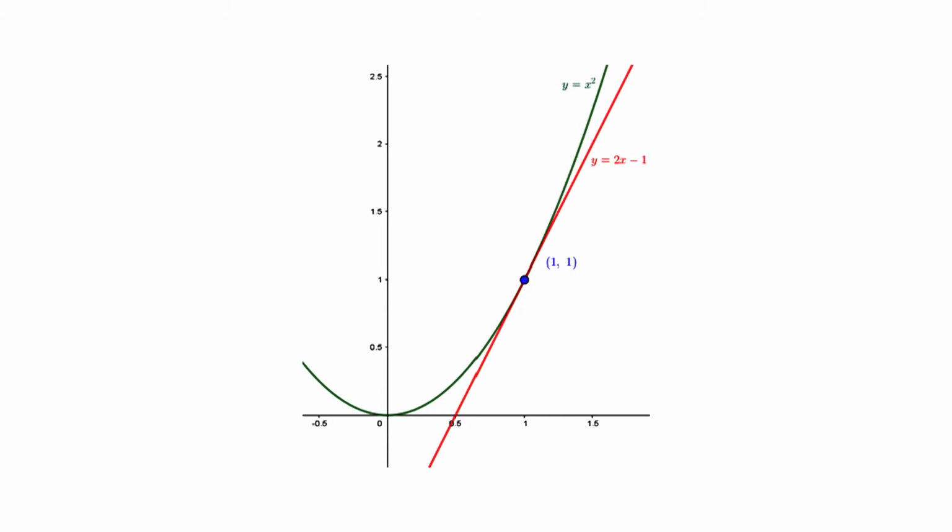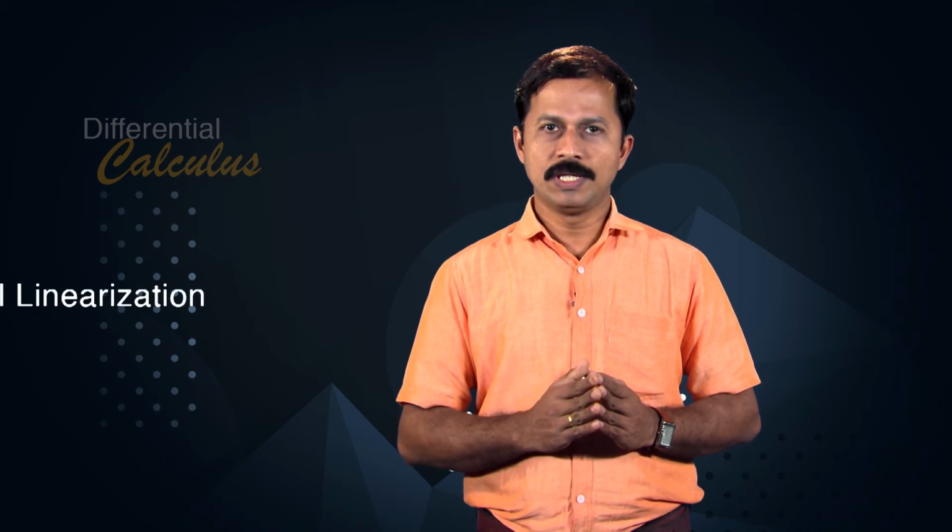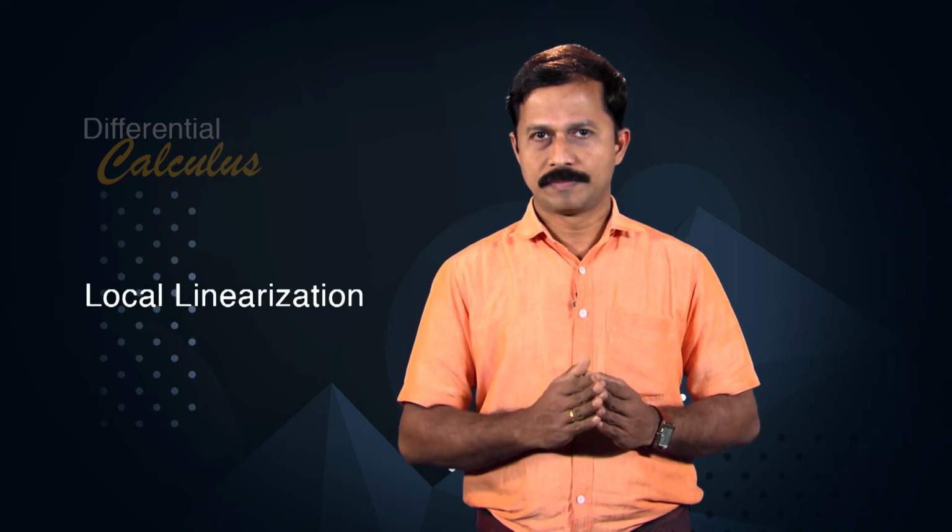As the portion of the parabola near (1, 1) is very close to the line, we say that the parabola is locally linear at x naught is equal to 1. In other words, the line y is equal to 2x minus 1 locally approximates the parabola y is equal to x squared near the point (1, 1). This approximation is called the local linearization.